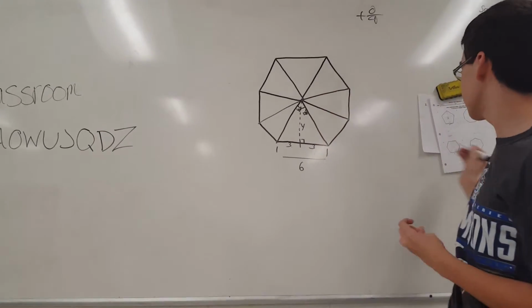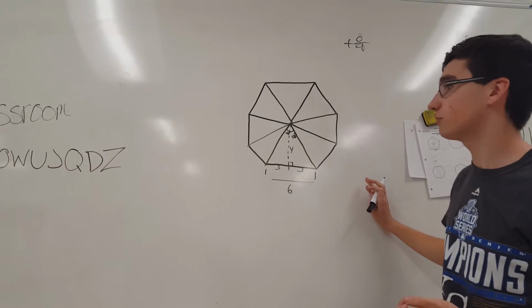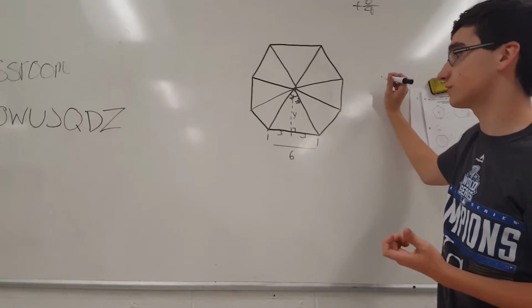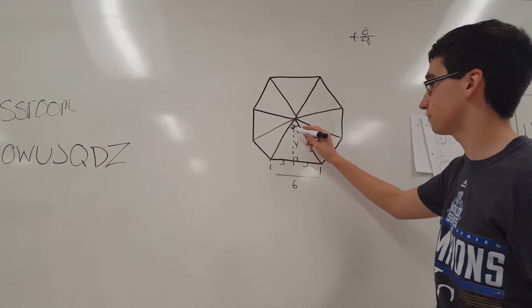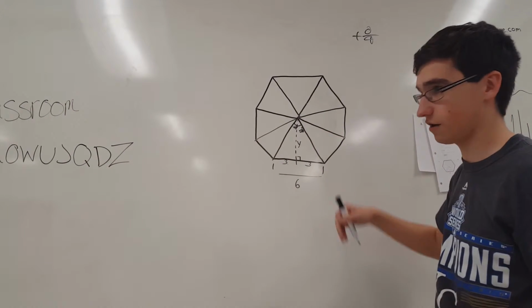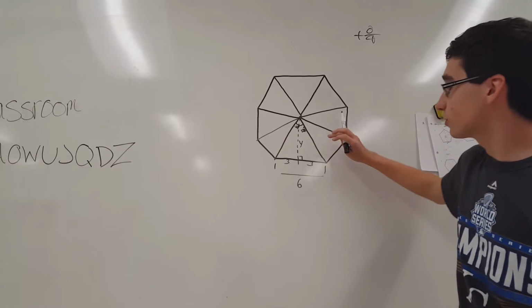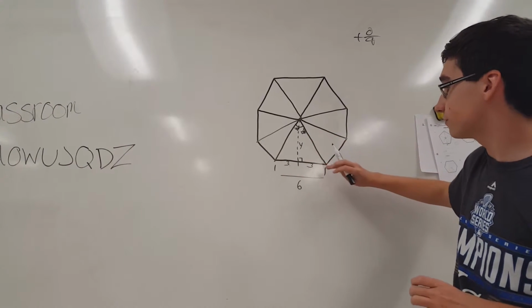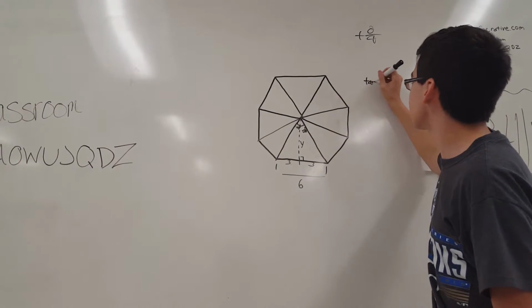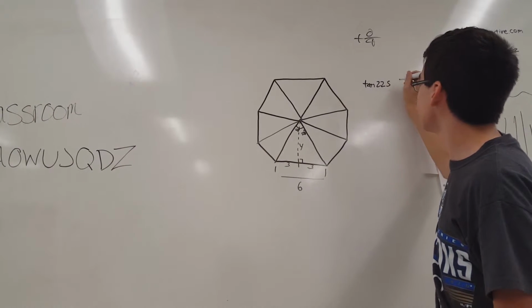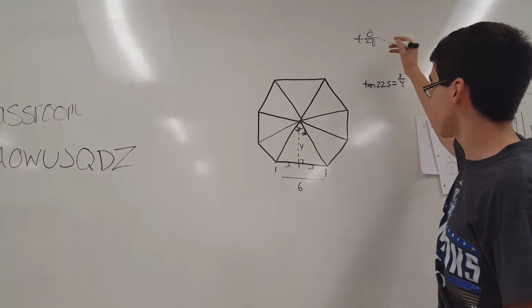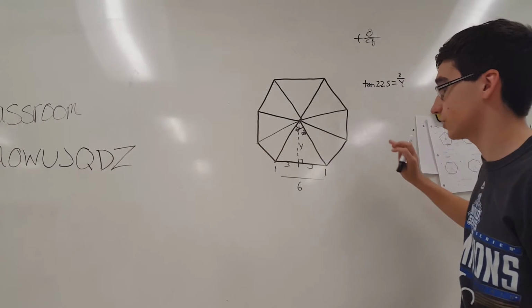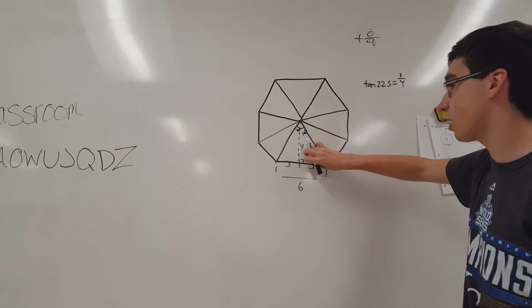It is not given to you, but it is easy to find out. You take 360 divided by 8 triangles, and that gives you 45 degrees. 45 divided by 2 is 22.5. So then tangent of 22.5 equals 3 over y, because it's opposite over adjacent for tangent, and you're finding y.